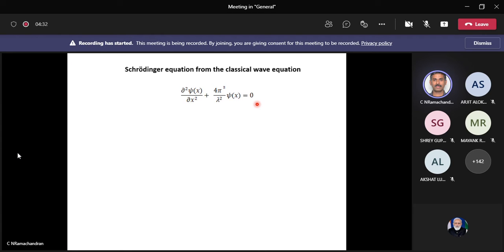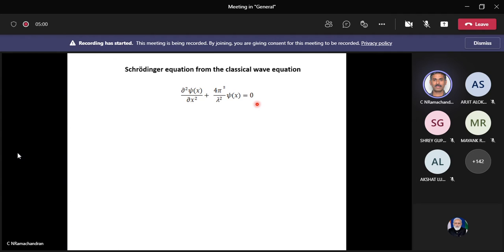So irrespective of whether you know the real meaning or exactly what it is, forget about that. That functional form is important because we will be using it for all the systems. This is just to show how we get that equation from the classical wave equation.